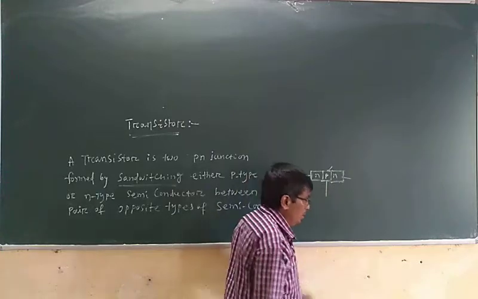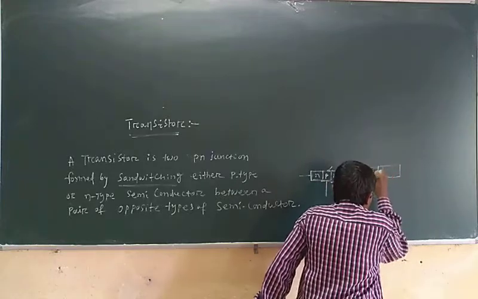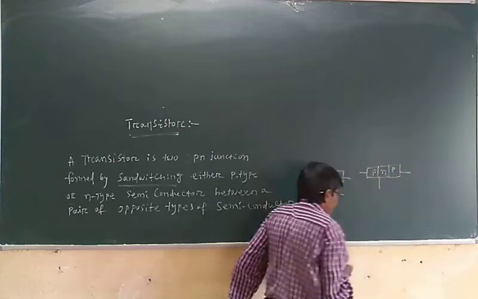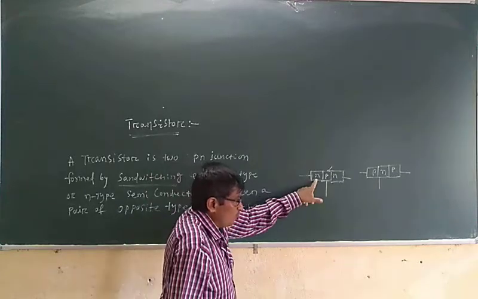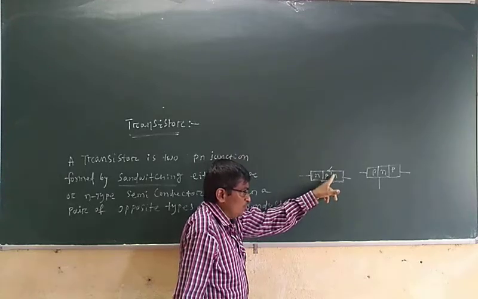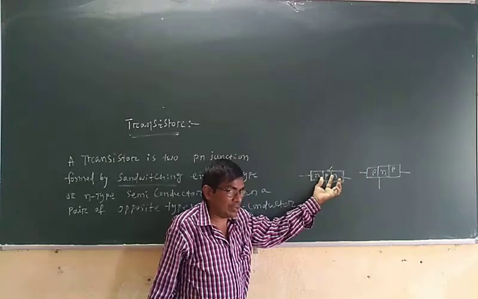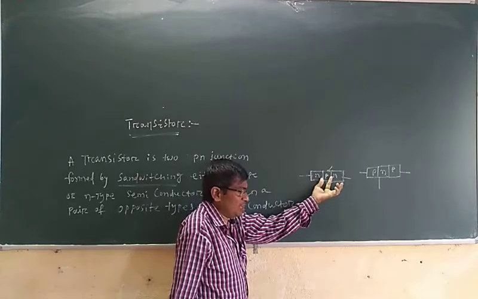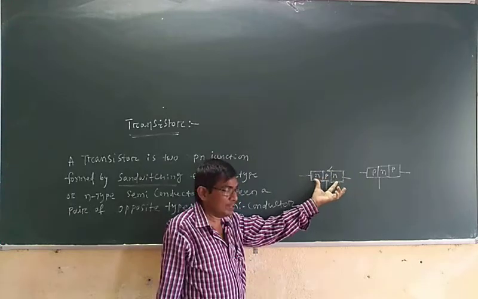So in this case, two PN junctions are formed by sandwiching a P-type semiconductor between opposite type, that is N-type semiconductor.